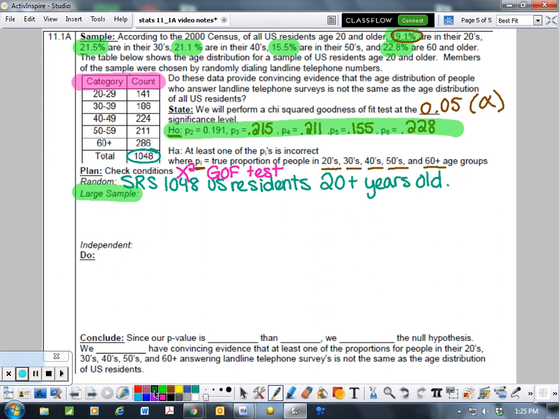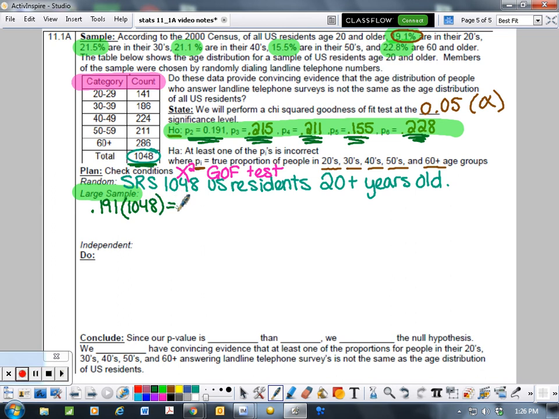So now we're going to the green, sorry. So this is our proportions, right? This is what we expect to have happen. We expect it to match the census, and we want to see, does it really match the census or not? So I'm going to take the proportion for people in the 20s, 0.191, and I'm going to times by the total of my sample, 1048.